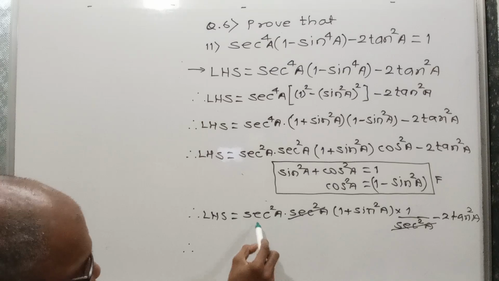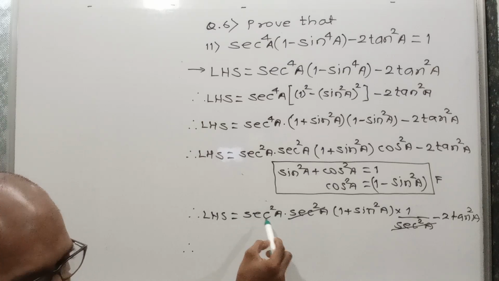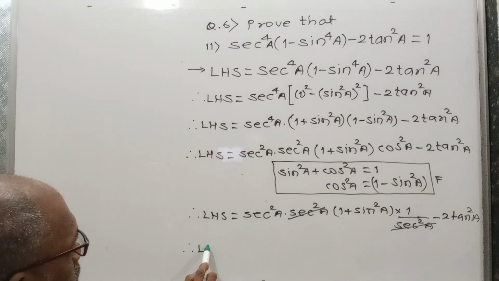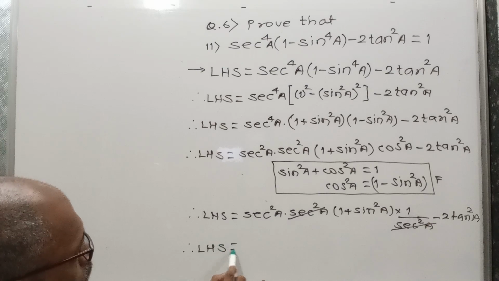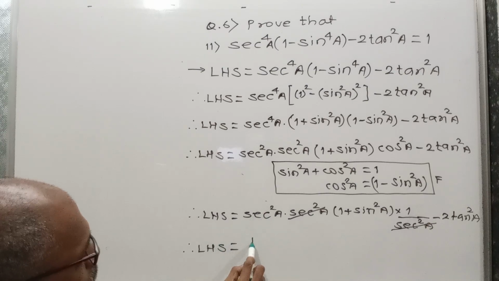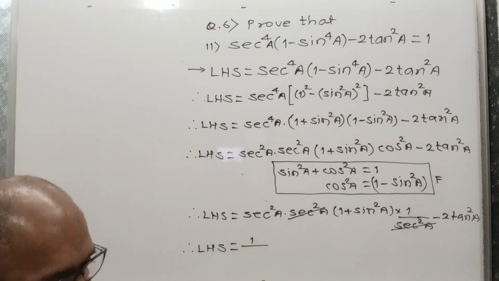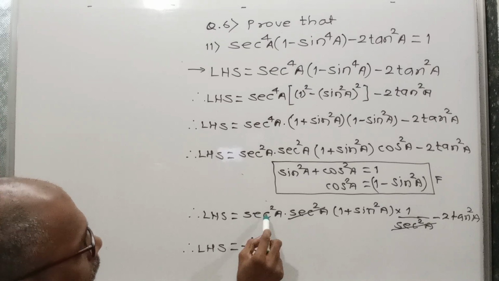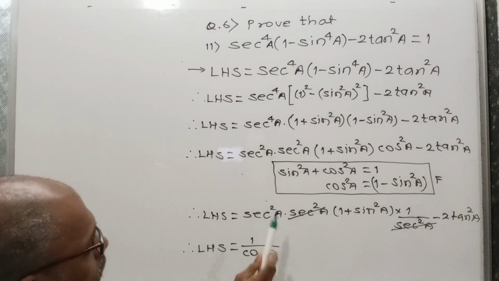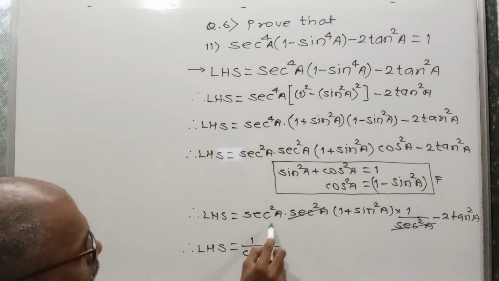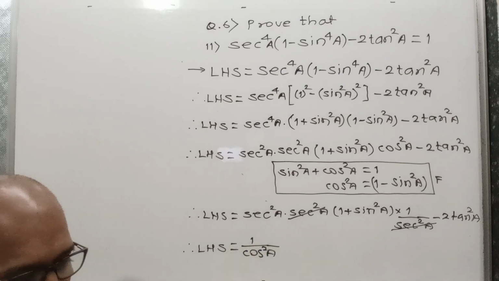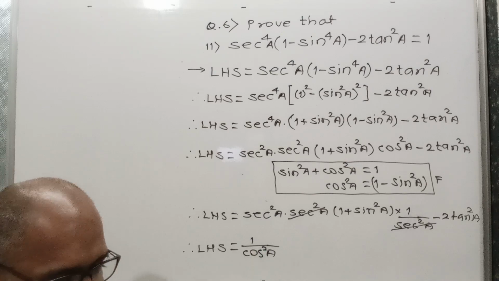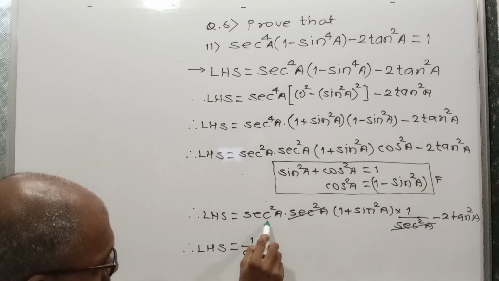Now we use a formula for this. LHS is equal to sec a means 1 upon cos a. When we take sec² a, then we write 1 upon cos² a. This is the formula.